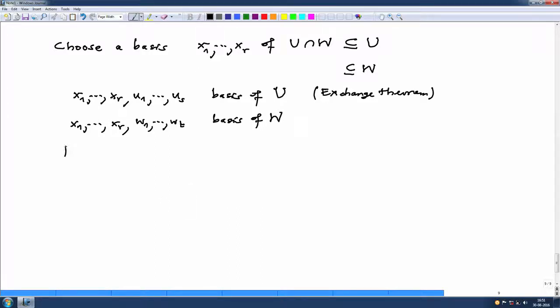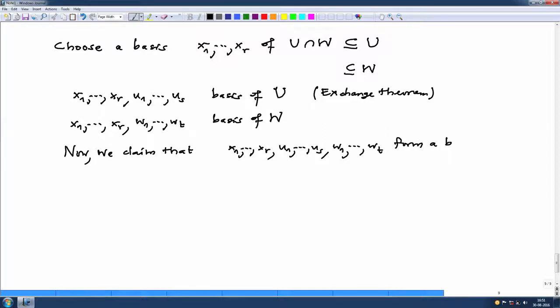Now, we claim that all together x1 to xr, u1 to us, w1 to wt form a basis of u plus w. For that we need to check that they generate u plus w and they are linearly independent.